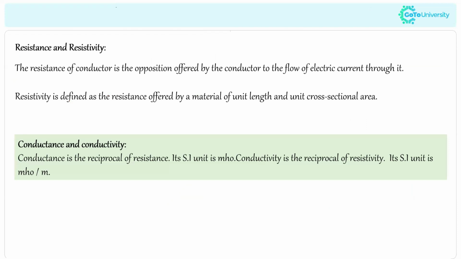So let us see the details regarding resistance and resistivity. Resistance is the opposition offered by the conductor to the flow of electric current through it. And resistivity is the resistance offered by the material of unit length and unit cross-sectional area. In general, resistance belongs to one device, a resistor, while resistivity is a property of the material.